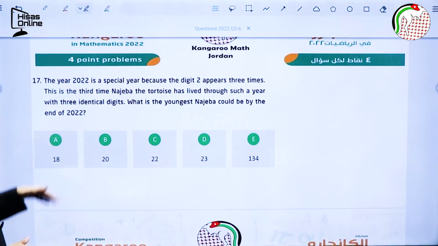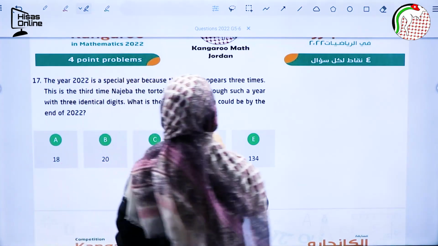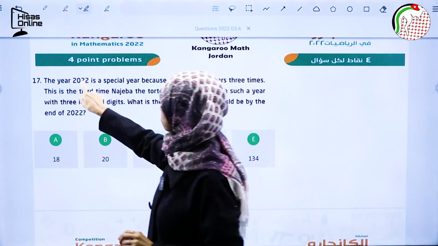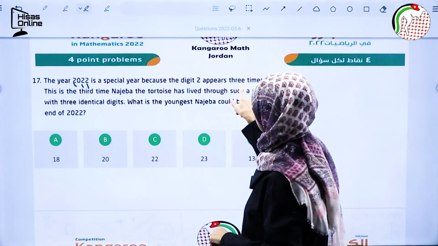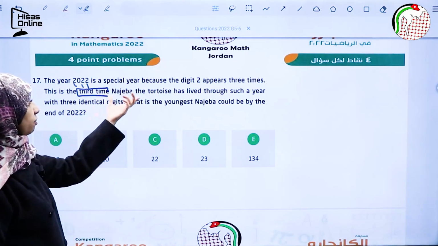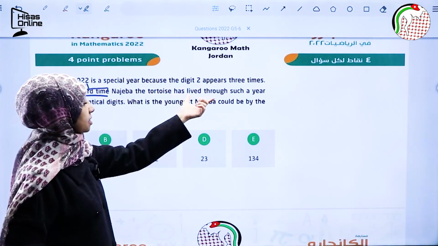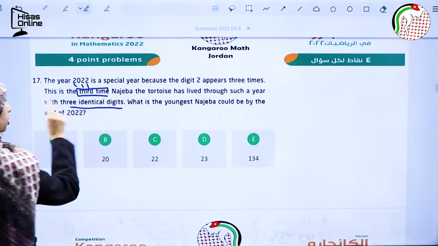Let's move. Now the year 2022 is a special year because the digit 2 appears 3 times, as you can see here. Now, this is the 3rd time Najiba, the tortoise, has lived through such a year with 3 identical digits.